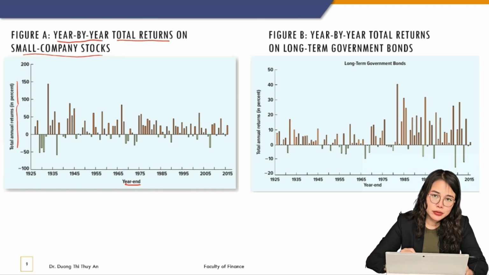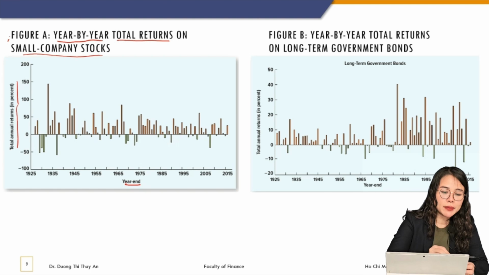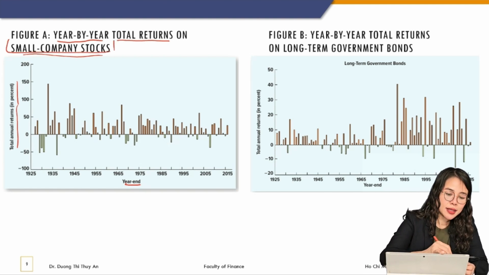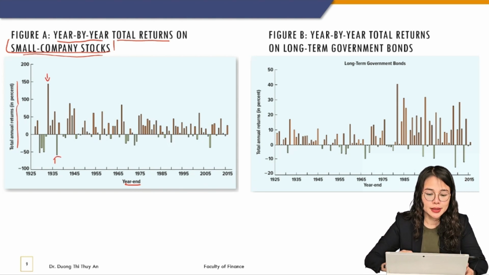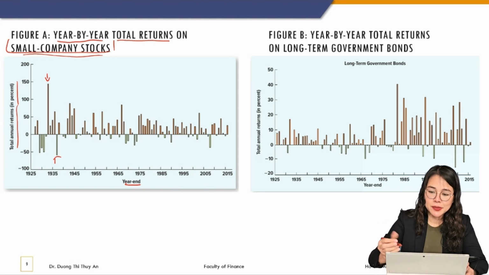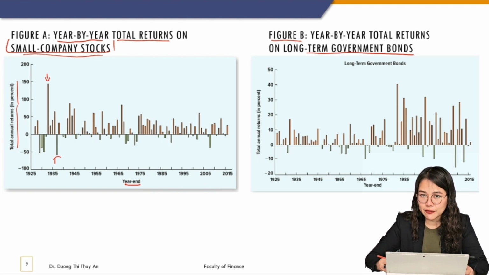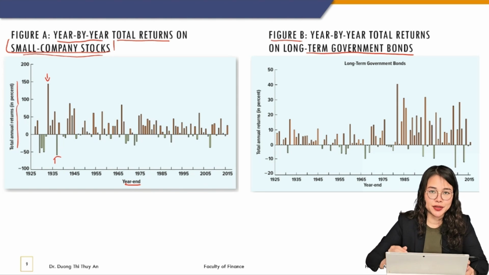So every year we calculate the return of the investment in small company stock, and we draw one bar for every year. And the same with figure B here. We do it for long-term government bonds. For every year, we measure the return of that year, and then we draw one bar in the figure.